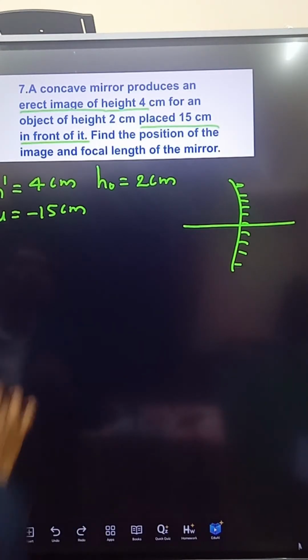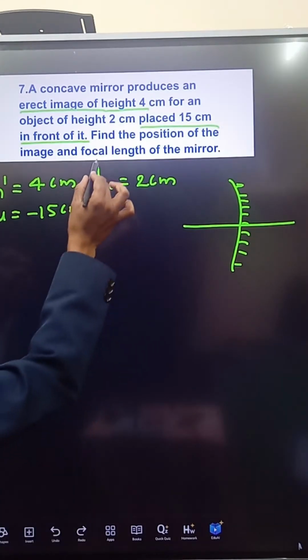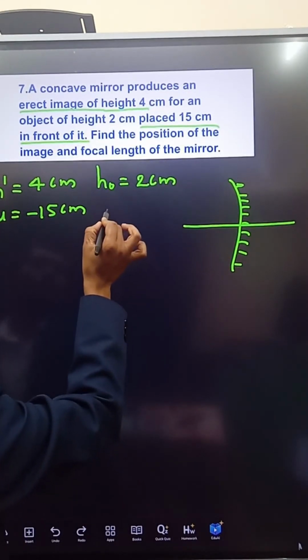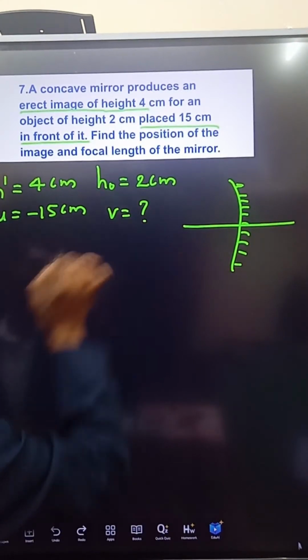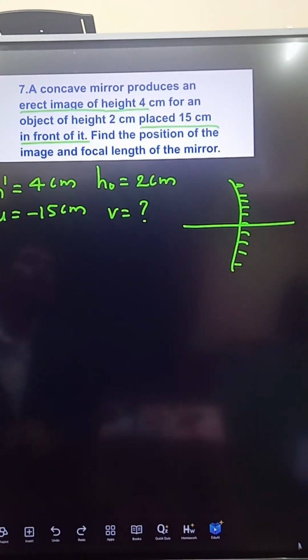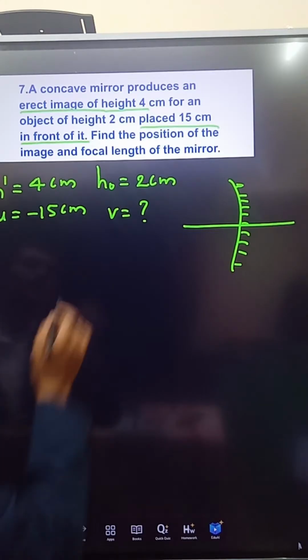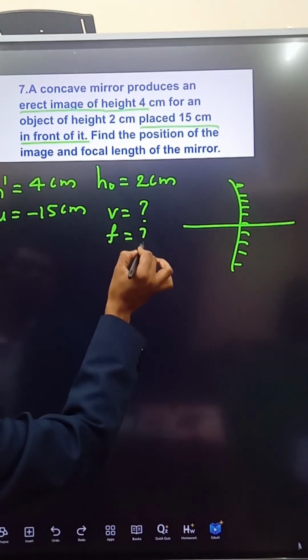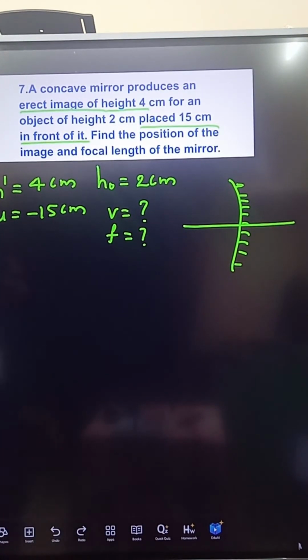See here, I wrote this one. Now, what can you find out from this? What are they asking? Find the position of the image. Means v is equal to what they are asking, right? Next, image and focal length they are asking. Very simple. It is not difficult at all. You just go through that. Easily you can solve. How can you solve?